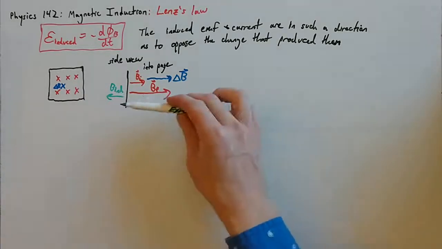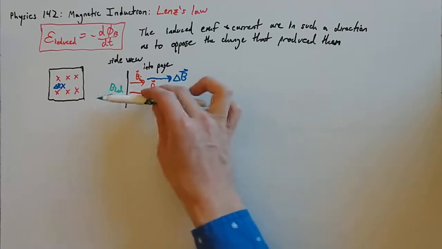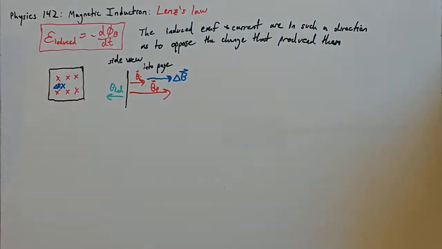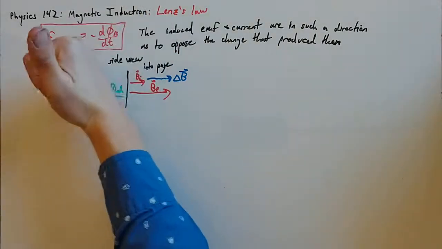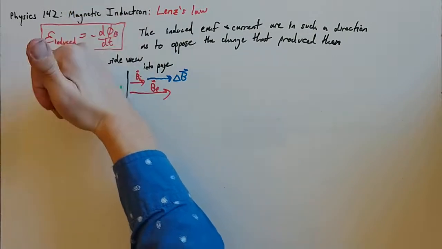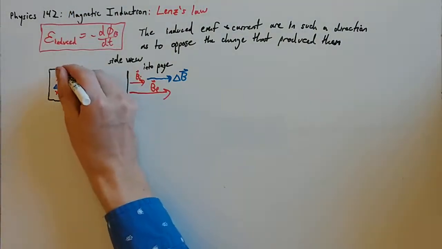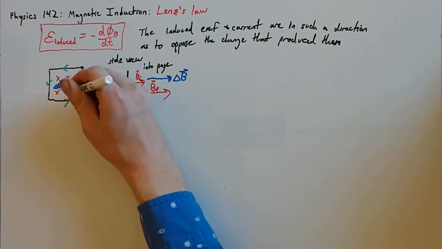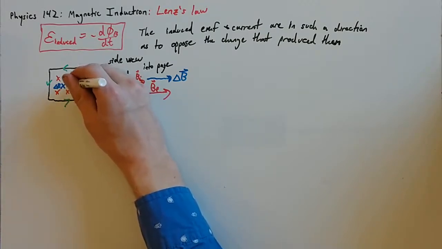Well, how do I get a magnetic field that comes out of the page here? To get a magnetic field that's out of the page, that's going to be counterclockwise current. It would require counterclockwise current to give me an induced magnetic field coming out of the page.